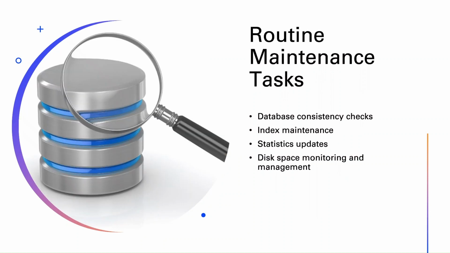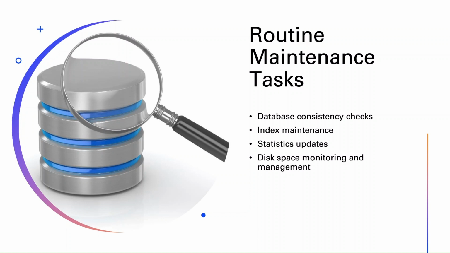Routine maintenance tasks. You've got your database consistency checks to check for all the corruption. Then you've got your index maintenance. This actually is broken apart into a couple different areas. You can either set to reorganize or rebuild your index depending on certain conditions, say a threshold of fragmentation.